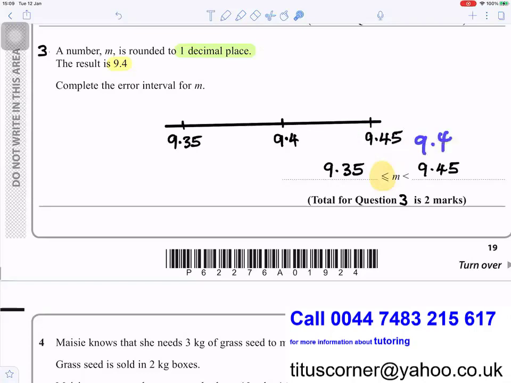It's 9.49999 carries on. So that's why we have this sign less than. It is not 9.45. So you write it as 9.35 less than or equals to 9.45. That means it includes 9.35, but does not include 9.45. It includes a number just below 9.45.